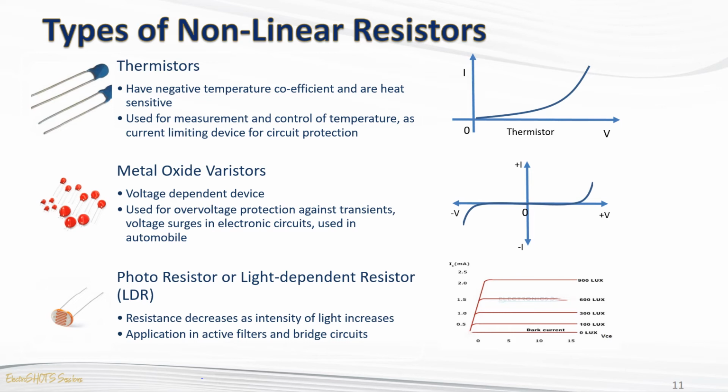Metal oxide varistors are another type of non-linear resistor. You can see a 2-quadrant operation here in the graph displayed between the voltage and the current. These are voltage dependent devices. Up to a certain value of voltage, you cannot see any increase in current, but beyond a knee point, there is a sharp shoot up in the current, which shows that these varistors come into play after a certain voltage is achieved.